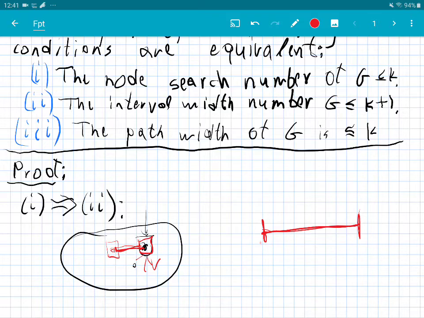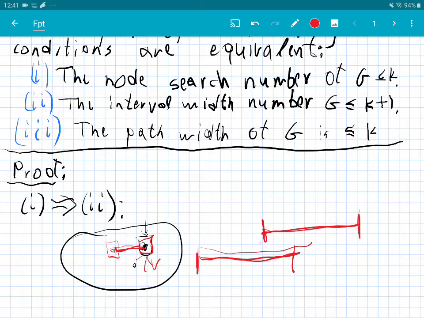And now we do that, and it's easy to verify that we get a set of intervals. If you have an edge in the graph, then the two intervals that correspond to the two vertices must intersect, right?